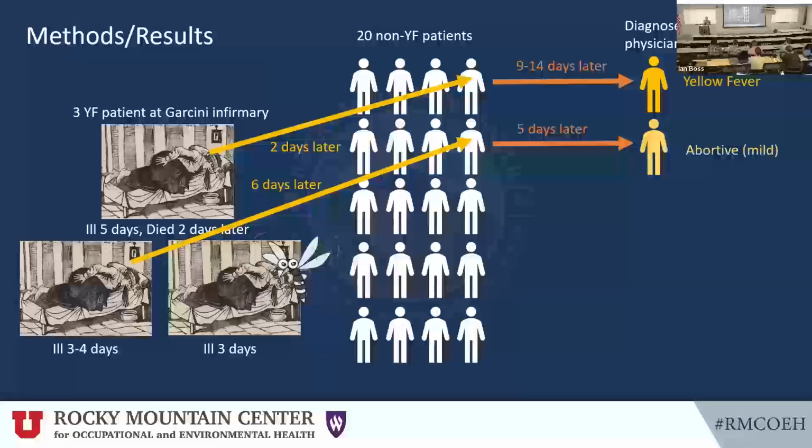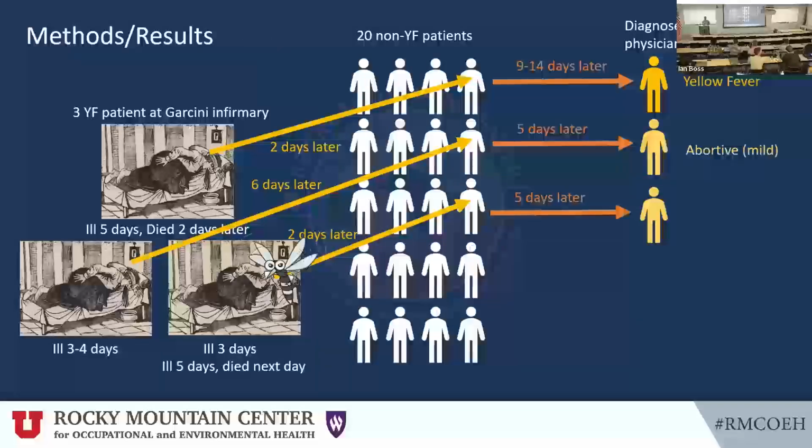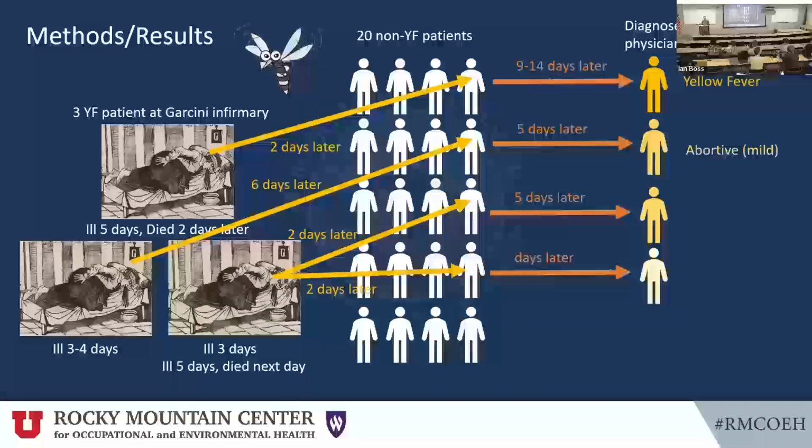He then bit the third patient, gave it to another one of his cohorts. 5 days later, same mild symptoms. Then he stuck the same guy who died the next day with yellow fever and gave it to another guy, who had basically no symptoms, but a bit later reported some uncomfortable symptoms, mild flu.